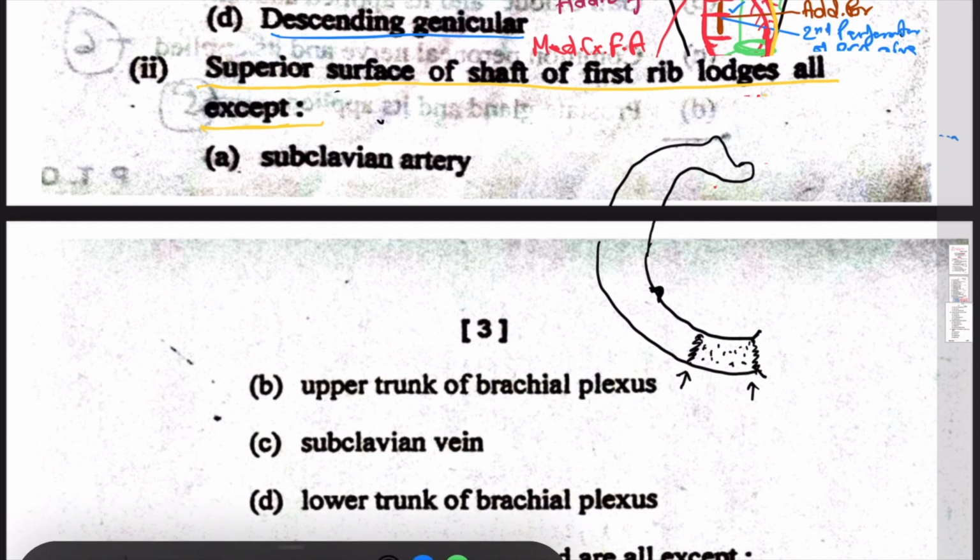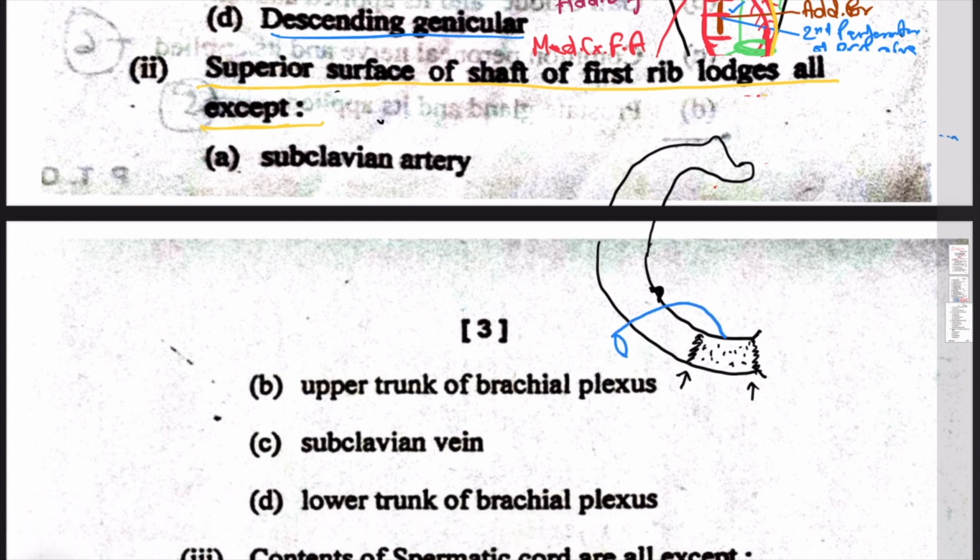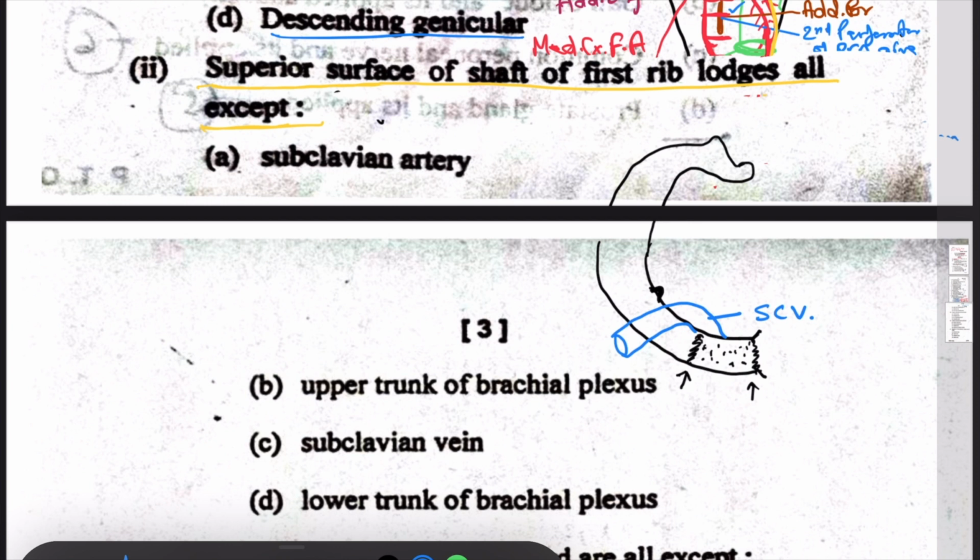Okay. And here there will be this groove for this vein. Actually, this vein is running anteriorly to the scalene tubercle, and this is the subclavian vein. And behind that is this passage.